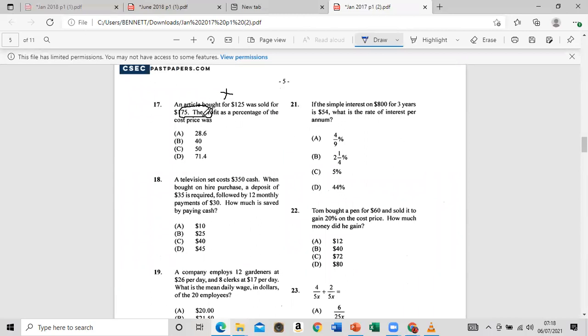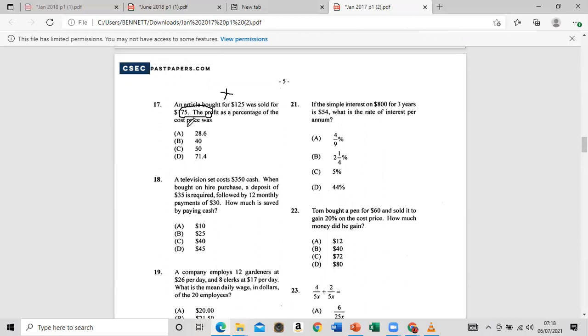An article bought for $125 was sold for $175. Find the profit as a percentage of the cost price. So listen to what they say, of the cost price, right? So what's the profit? You bought it for $125 and you sold it for $175, so it's the selling price minus the cost price. So you make a profit of $50.